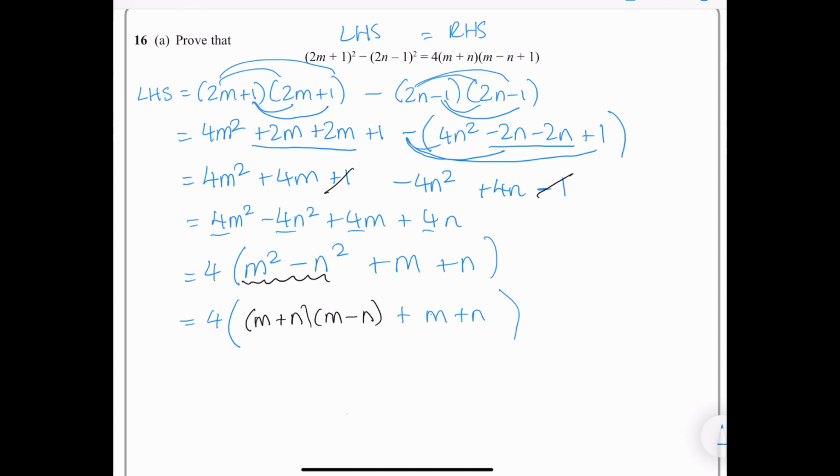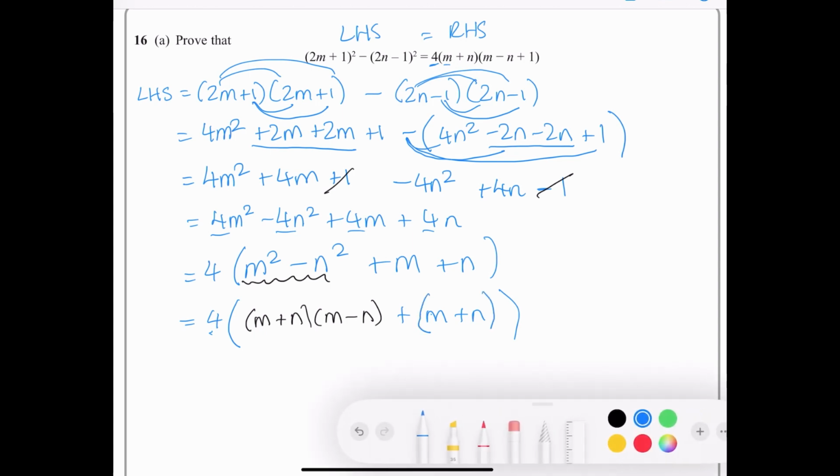Okay, what can we see? We're almost there. So I've got the 4 sitting outside, and I've got the m plus n in brackets. I've got the m plus n here. If I group that into brackets there, can you see I can treat this bracket and that bracket as factors. I can factorize it, I can sit them outside the brackets.